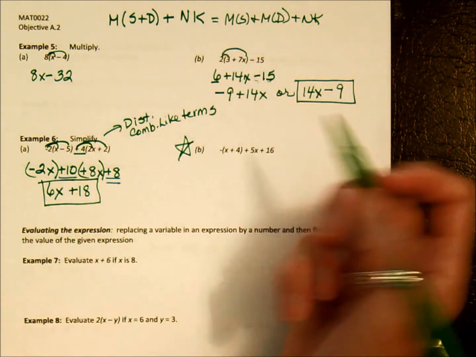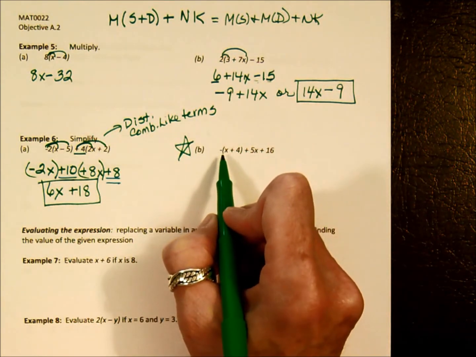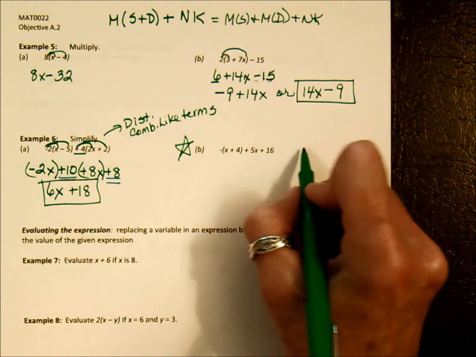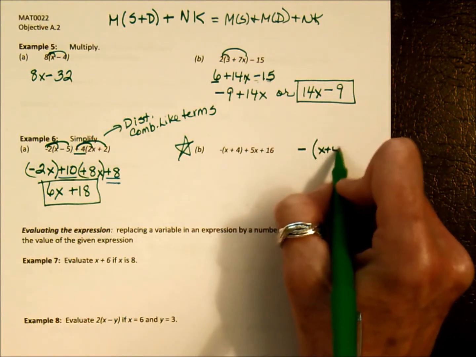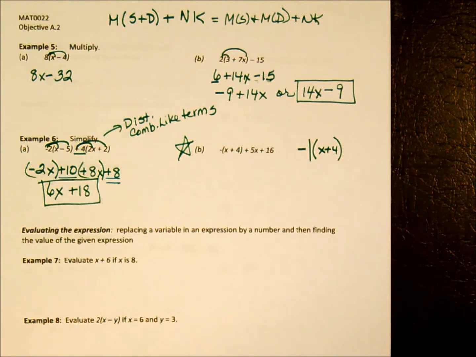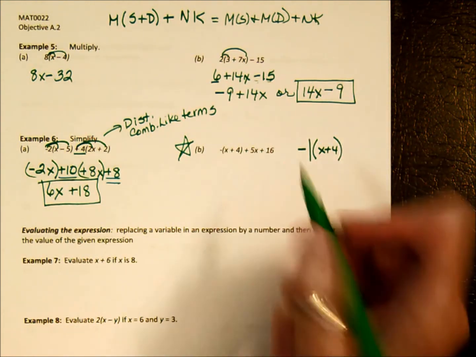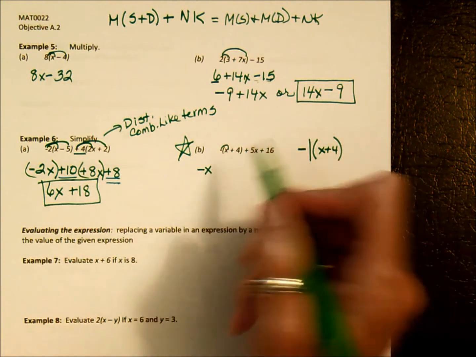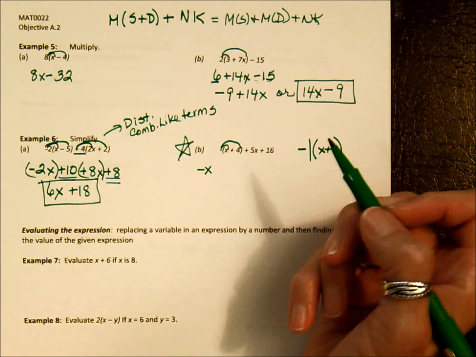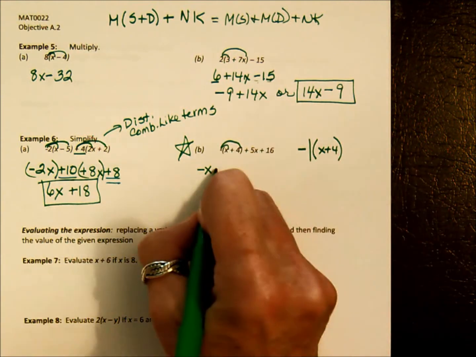This is an important one because if you notice, there's a negative outside. Having a negative outside parentheses, like in this case, is the same thing as having a negative 1. So it's negative 1 times x is negative x. Negative 1 times positive 4 is negative 4.